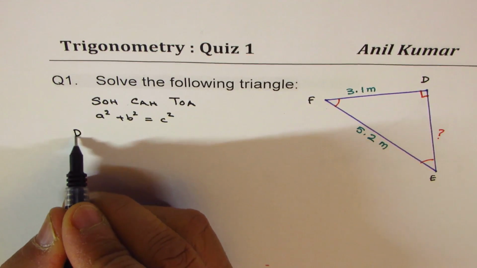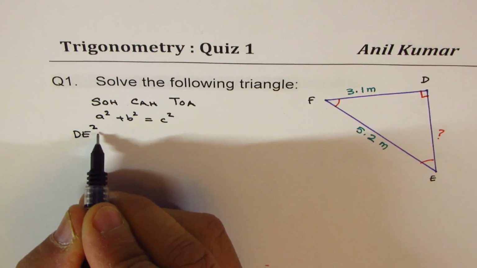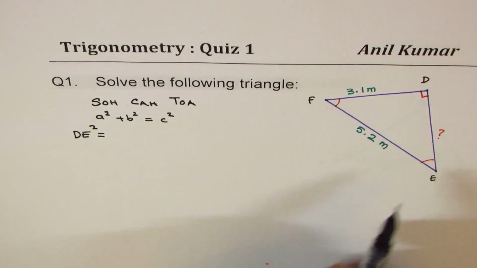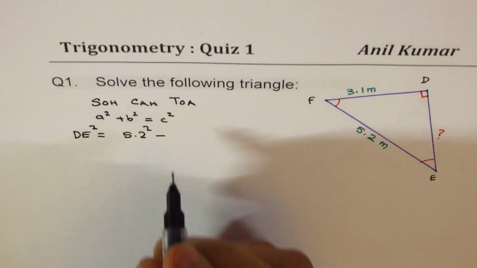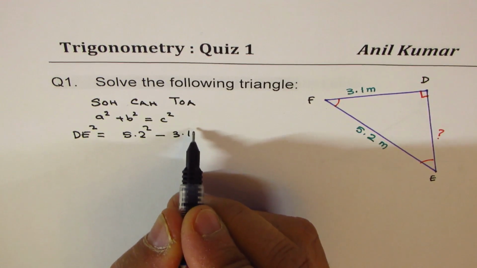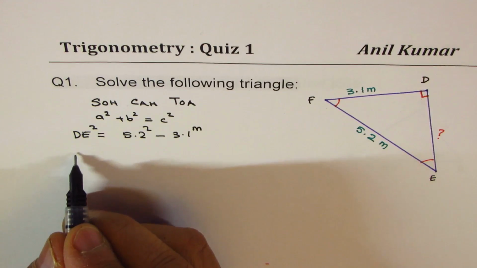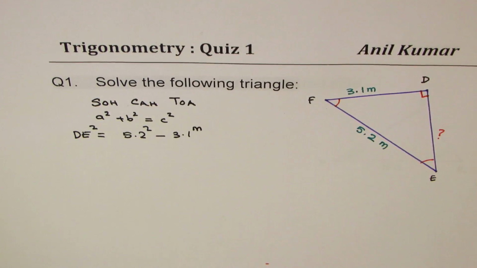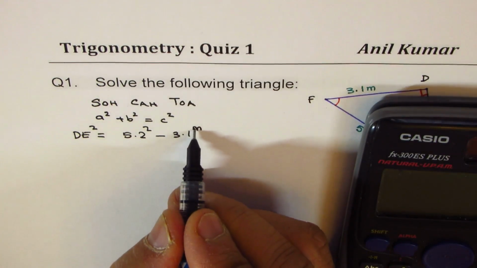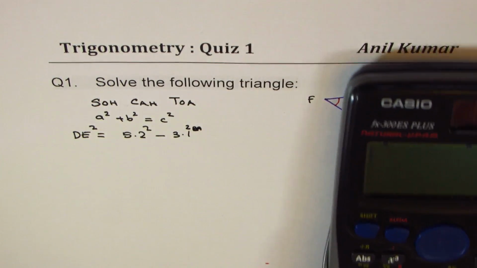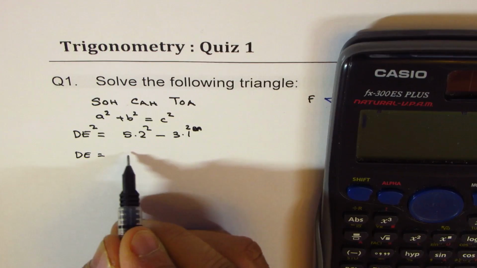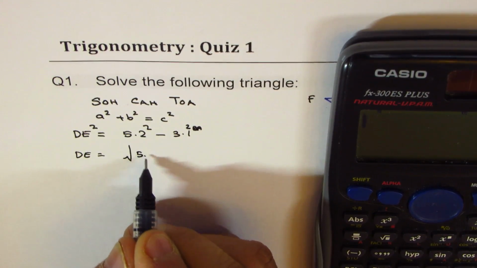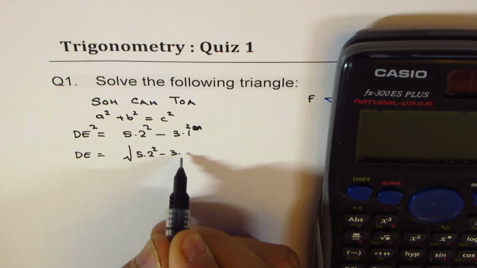So for example, if you have to find DE, we can use Pythagorean theorem. So we can say DE square is equal to the longer side, which is 5.2 square, minus smaller side 3.1 square, right? Or you can say DE is equal to square root of 5.2 square minus 3.1 square.